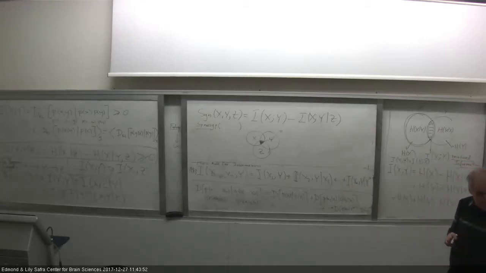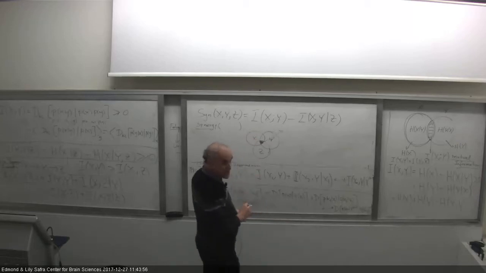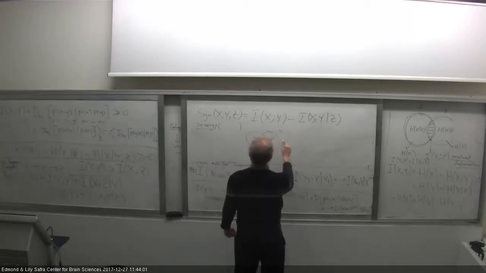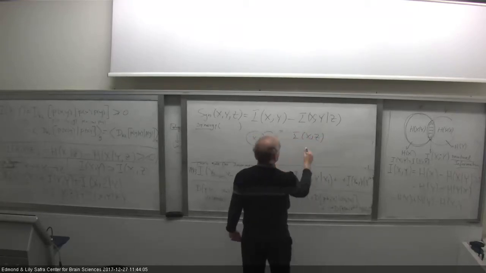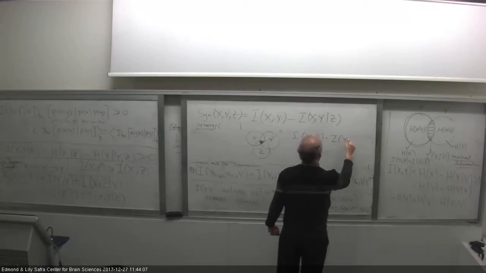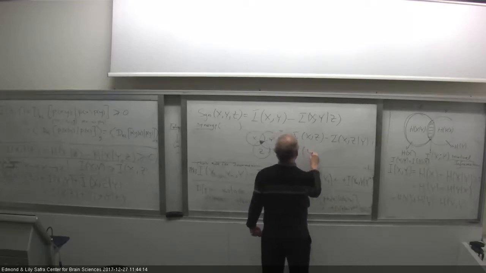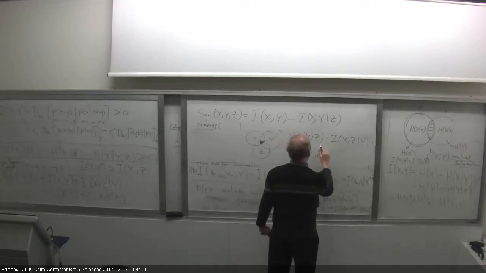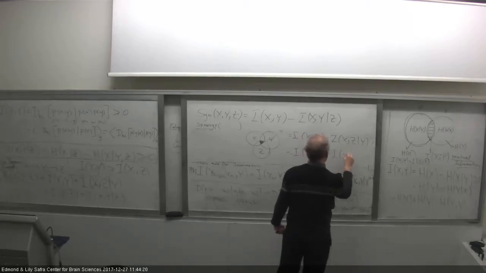Okay? First of all, just from the Venn diagram, you see that this can be written in various ways. It can be written as the information between x and z minus the conditional information of x and z given y. And it's also a combination between the information between y and z minus the mutual information between y and z given x.